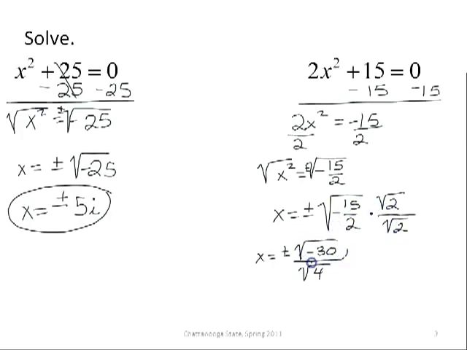We have the square root of negative 30 on top and the square root of 4 in the denominator. So the square root of negative 30 just gives us the square root of 30i. And then the square root of 4 is 2. So here we end up with a positive or negative square root of 30 over 2i.